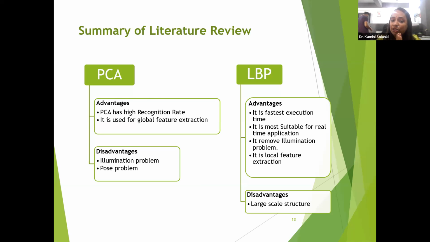It can remove the illumination problem, meaning whatever problem the PCA algorithm has can be solved by the LBP algorithm. Now PCA can work on large data, LBP can work on small data. So one has a disadvantage where the other algorithm has the advantage. If you make a hybrid of LBP and PCA, you will get a good result from the data.